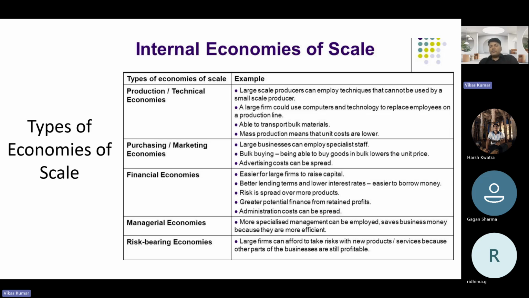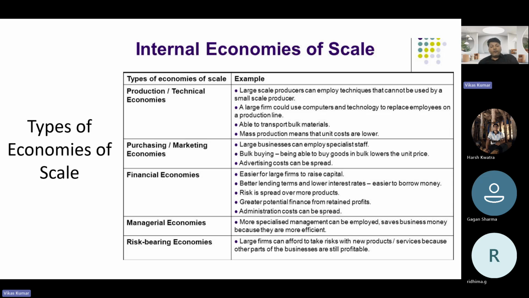Not all firms have that paying capacity, so they hire middle managers even though those people ask for lakhs or crores of rupees.